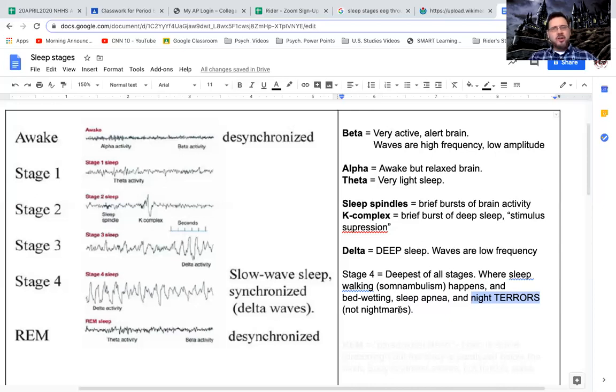Night terrors are not nightmares. Night terrors are when a person can have their eyes open, they'll be screaming, thrashing around, maybe in bed, maybe up running around, punching things, what have you. But the EEG shows very clearly that they're in stage 4 of sleep.